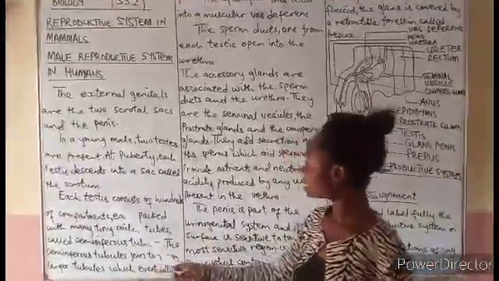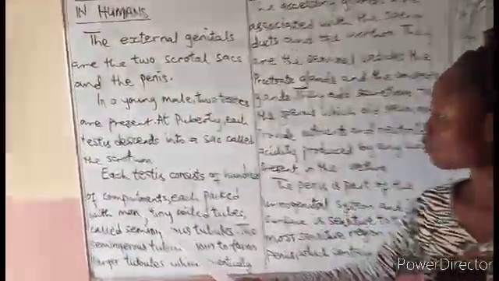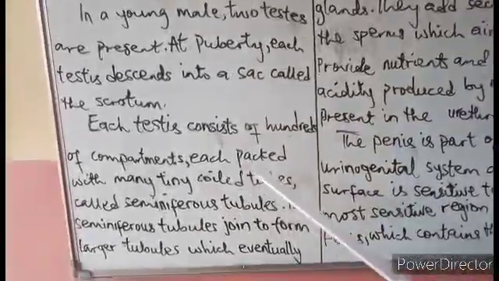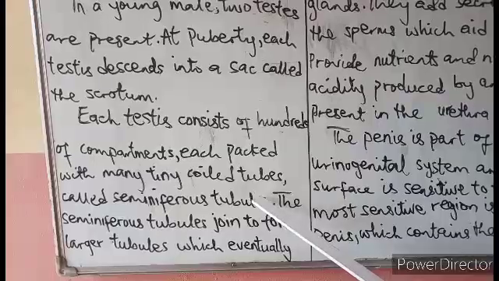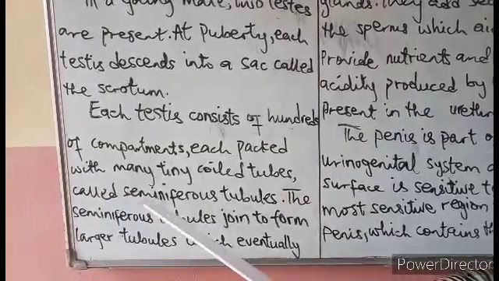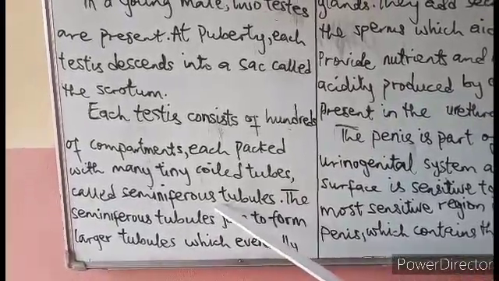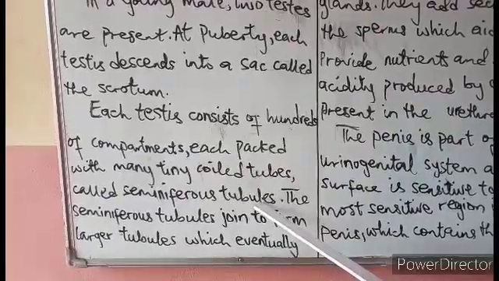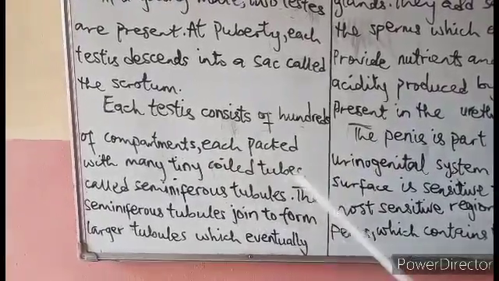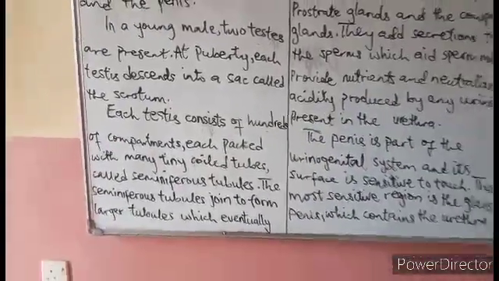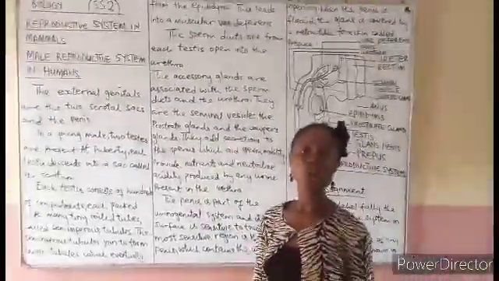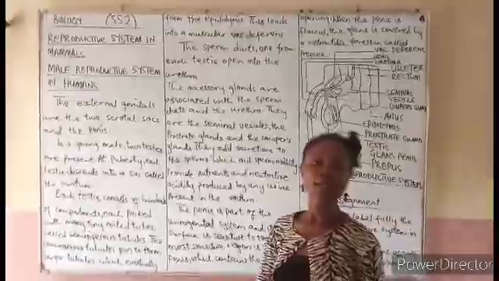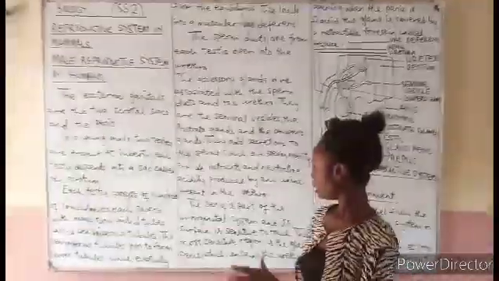Now, each testis consists of hundreds of compartments, each packed with many tiny tubes, which we call the seminiferous tubules. The cells lining these tubules give rise to the production of sperms.